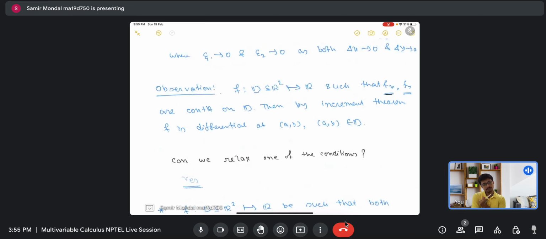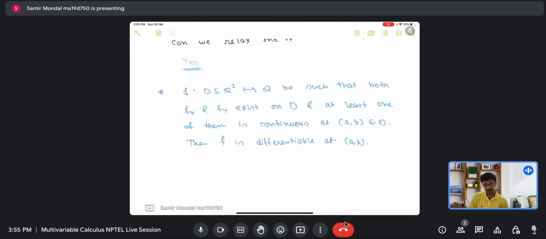From the increment theorem we can say that if one function has both partial derivatives continuous, then f is differentiable at that point in the domain D. But one can relax these conditions.